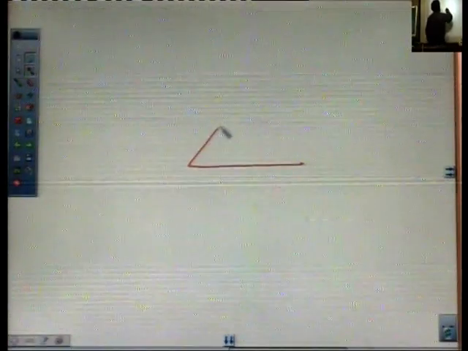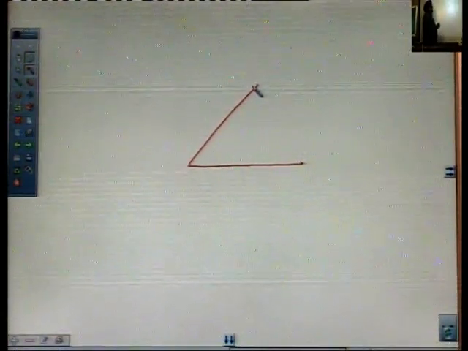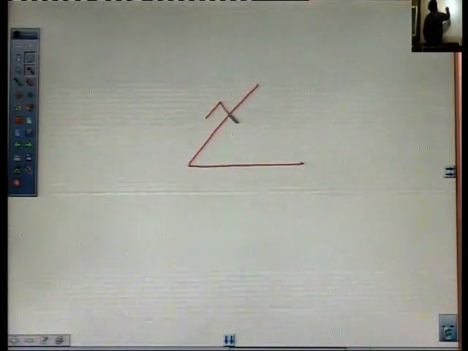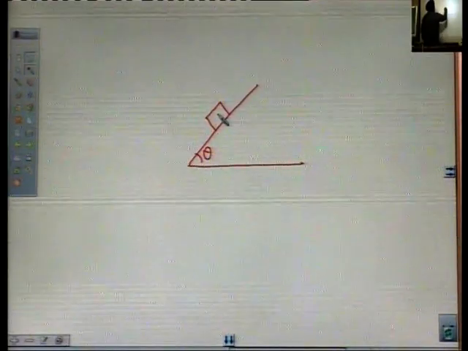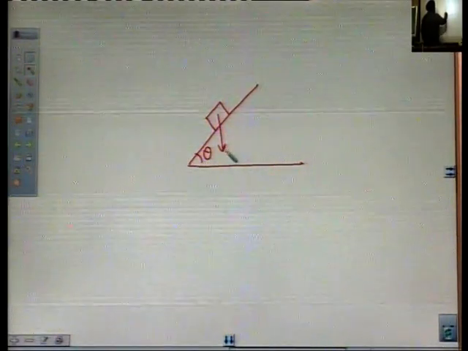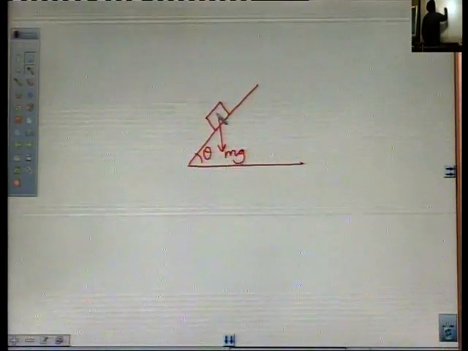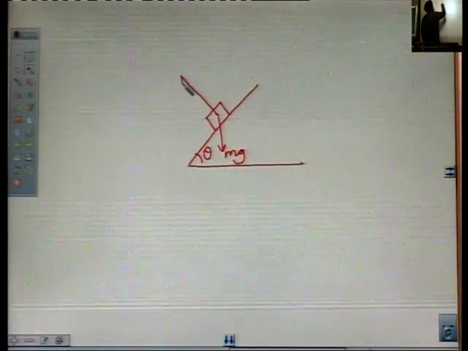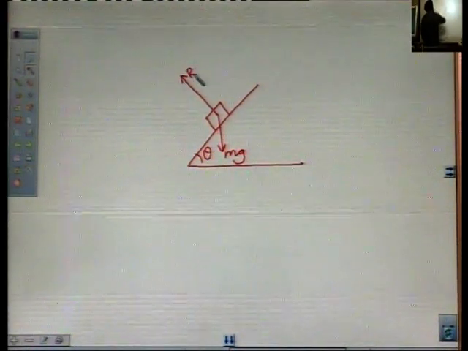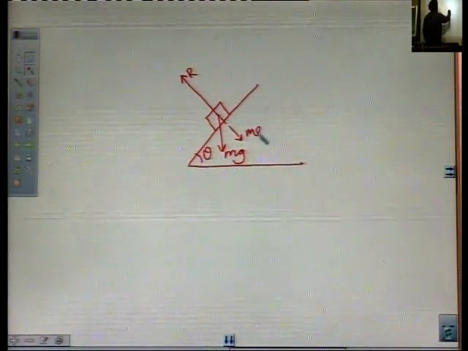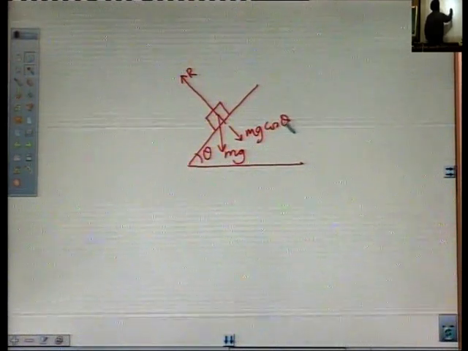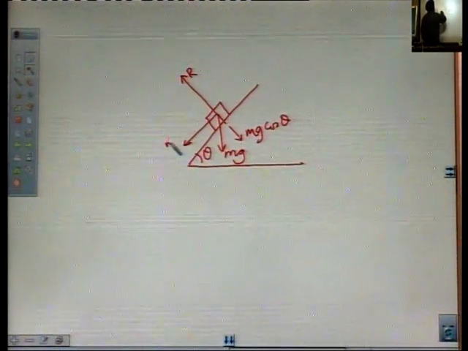Now, if the body is to be moved upwards, the body is to be moved up the inclined plane, angle of inclination is theta. As I told you, weight acts vertically downwards, normal reaction normal to the body, components of weight mg cos theta, mg sin theta.